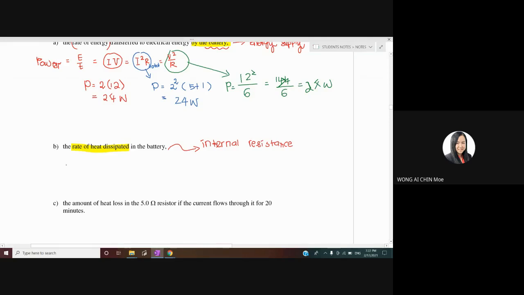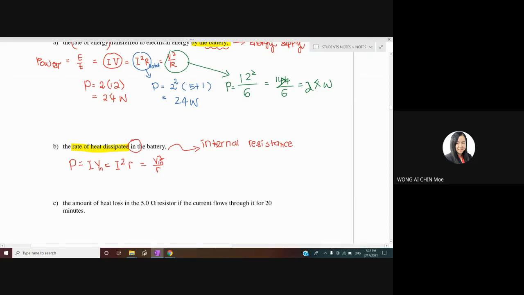So the power dissipated equals IV, or I squared R. Of course, this R is the internal resistor because it's inside the battery. Or you can use V squared over R, but V must be the internal voltage; you cannot take the EMF.